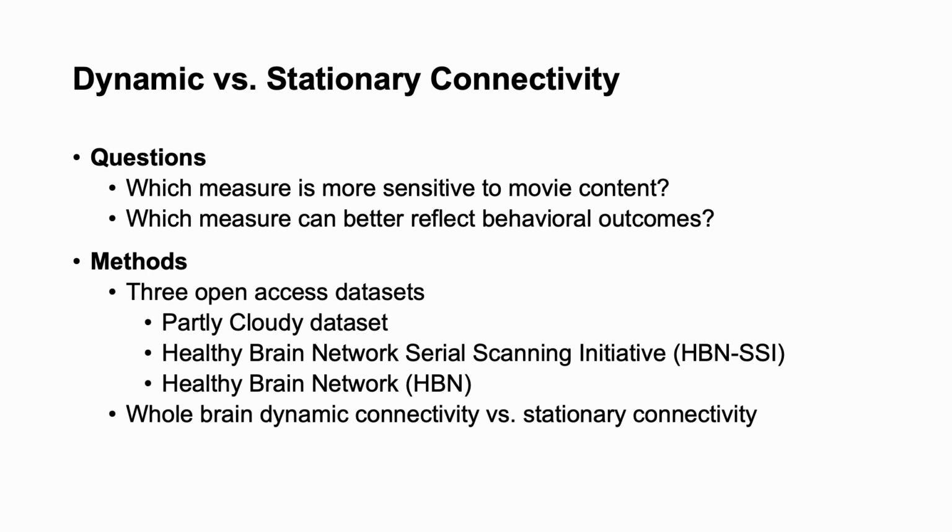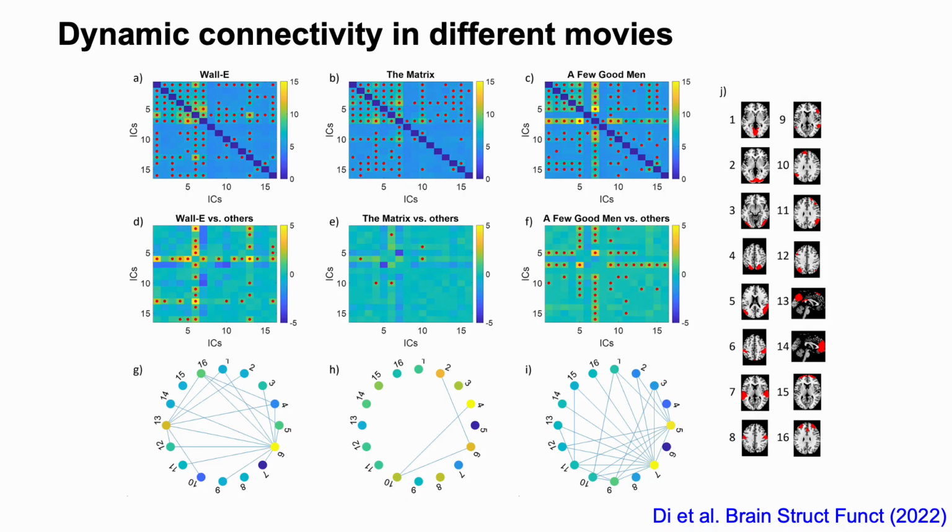So for this one we used three different data sets. The partly cloudy data, data from the Healthy Brain Network serial scanning. So this is the dynamic connectivity for three different movies: Wall-E, The Matrix, and A Few Good Men.